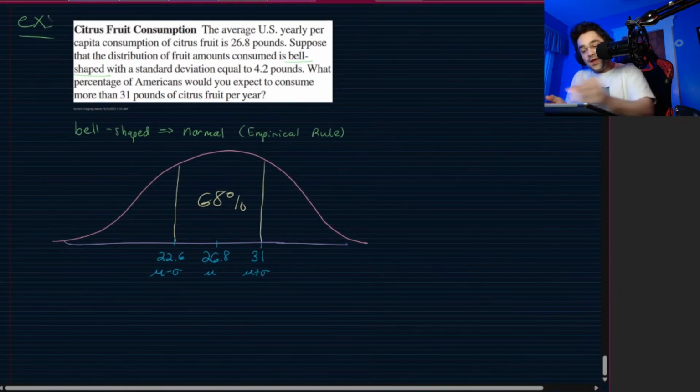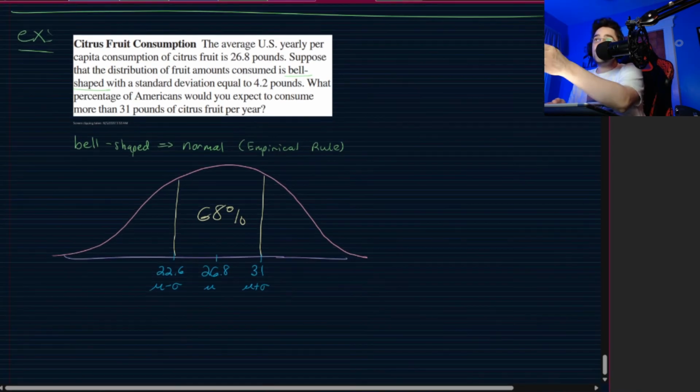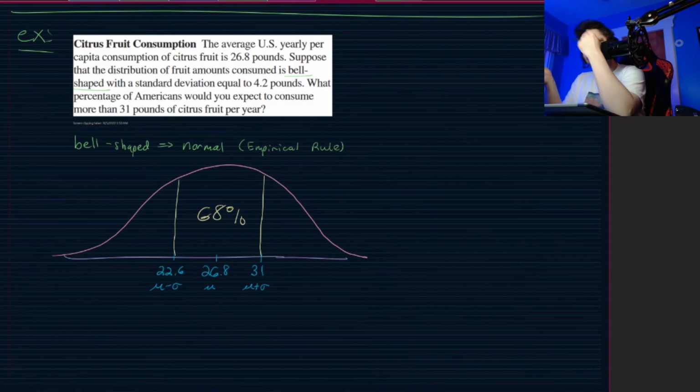And if the whole thing is 100%, and since this is a bell-shaped curve, it's symmetric on each side, we know how much is left. Well, there's 32% left to divvy up, and so we've got to split that in half to each tail, essentially.